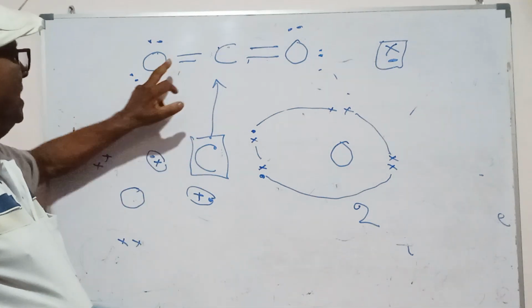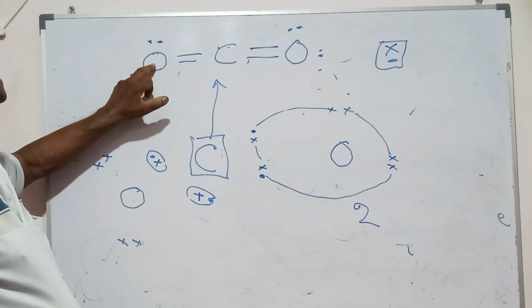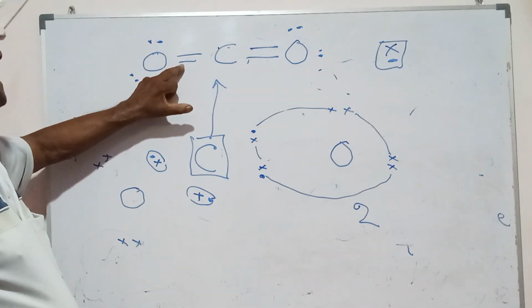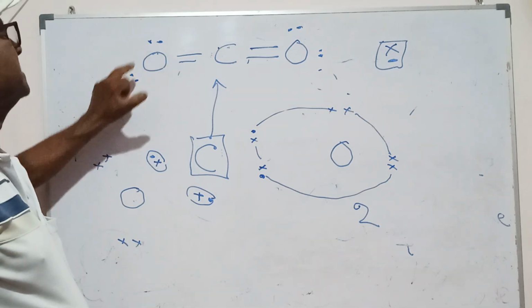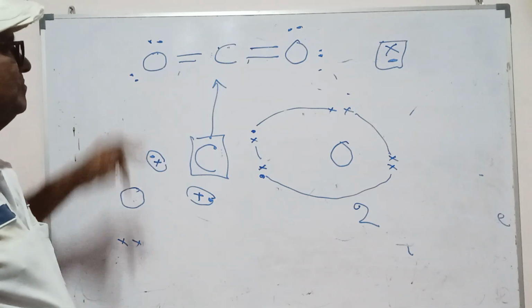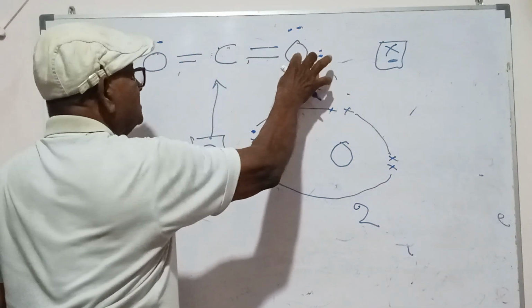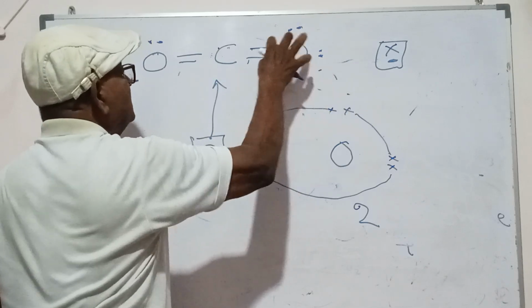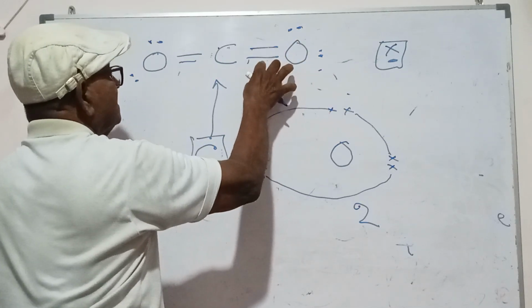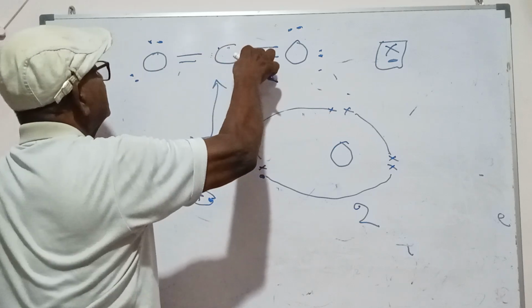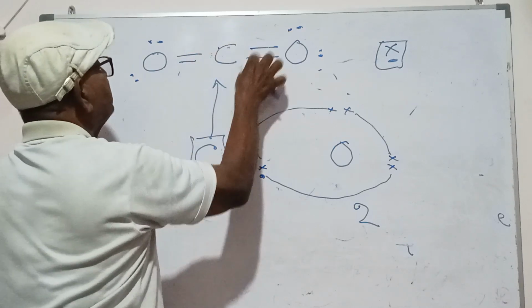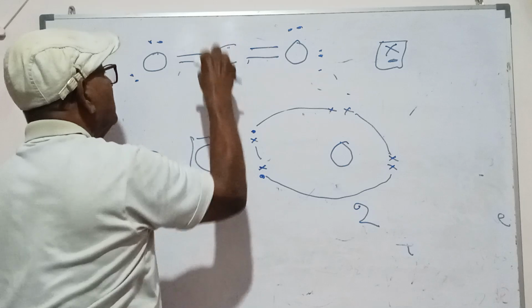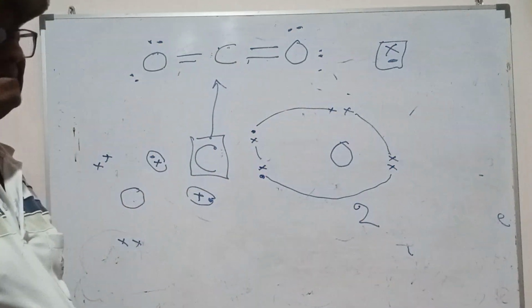Then oxygen has bonded pairs and unbonded electron pairs also. This oxygen also has unbonded electron pairs and bonded electron pairs. But carbon has only bonded electron pairs, no unbonded electron pairs.